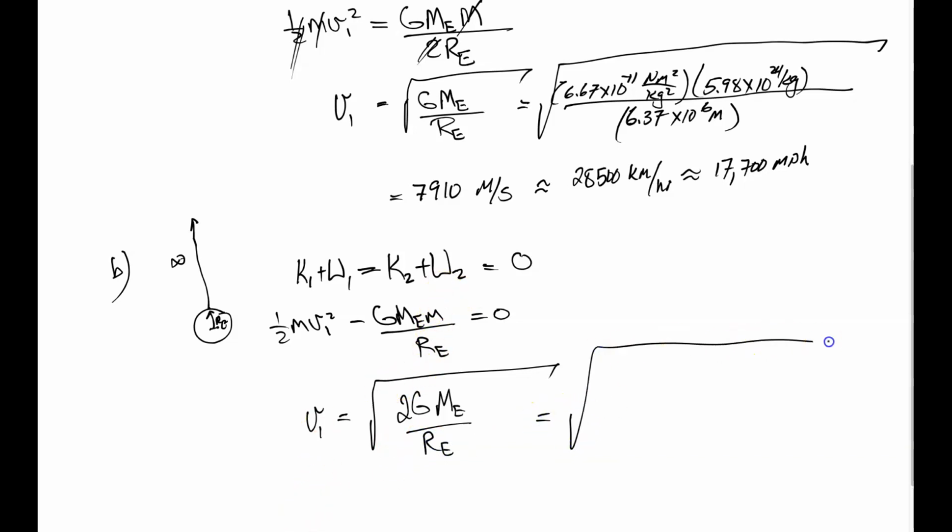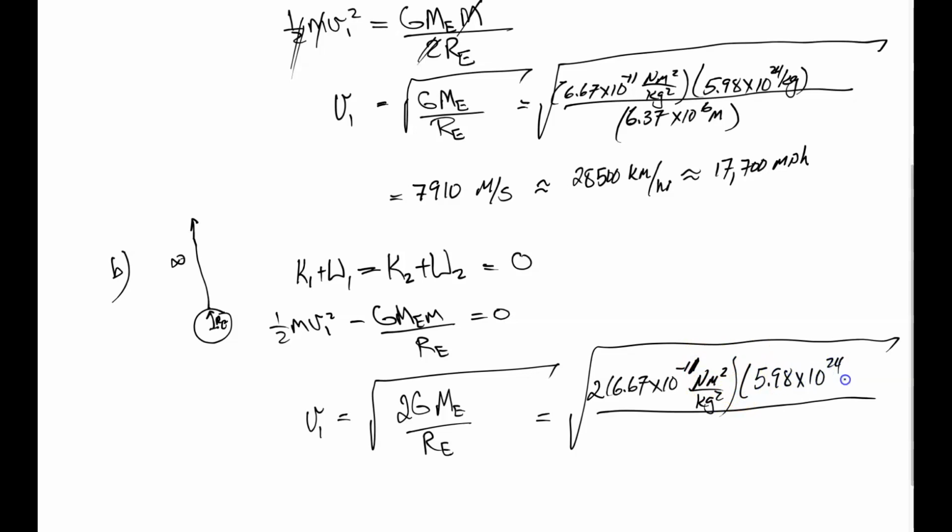And if we plug these numbers in, 2 times G times mass of Earth, 5.98 times 10 to the 24th kilograms, over the radius of the Earth, that will give us a speed of 1.12 times 10 to the 4th meters per second, which is equivalent to 40,200 kilometers per hour.